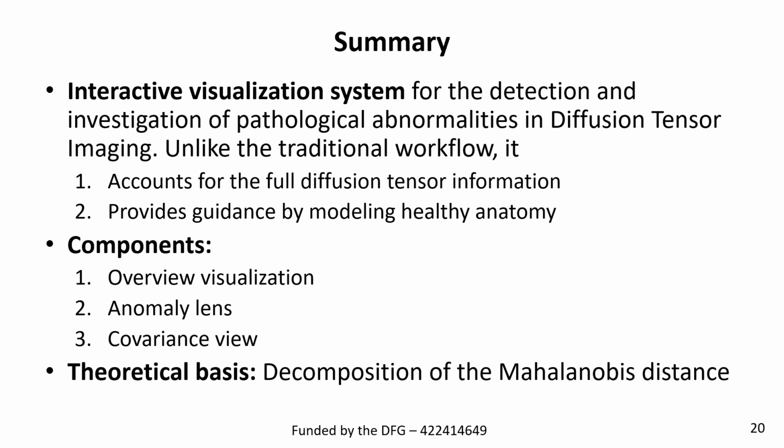Mathematically, our tool is based on decomposing the Mahalanobis distance, a well-established anomaly score for multivariate data, into individual terms that relate to deviations in tensor norm, FA, mode, rotation, as well as covariations between them.